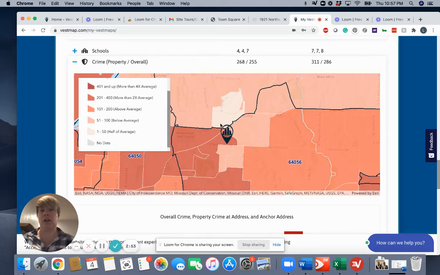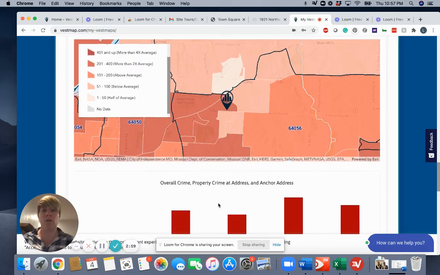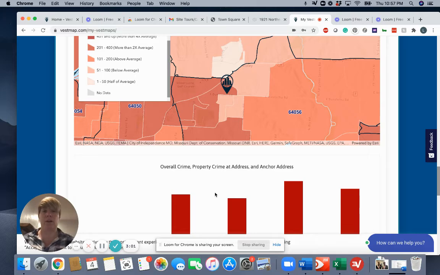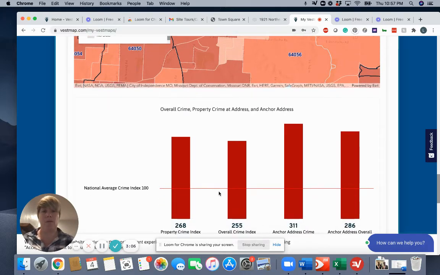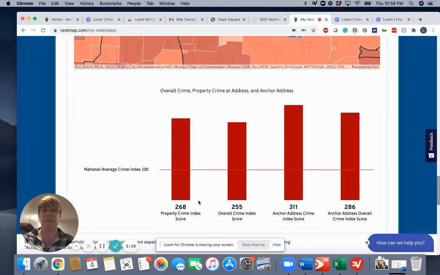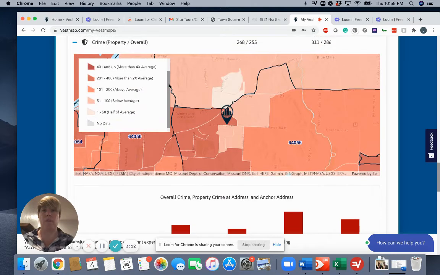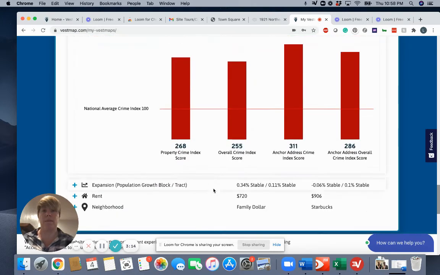And here you're in a little bit of a higher crime area, but you've got lower crime here, you've got lower crime here. So overall, usually for my rental properties, crime tends to be 2 to 3 times the national average. So I'm not real concerned. You can see my anchor address has a similar crime score. So I'm not really concerned about this amount of crime there.